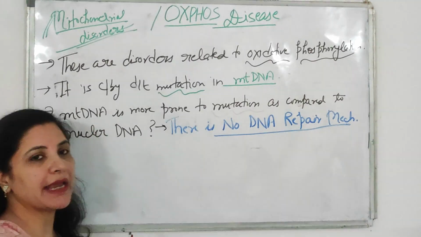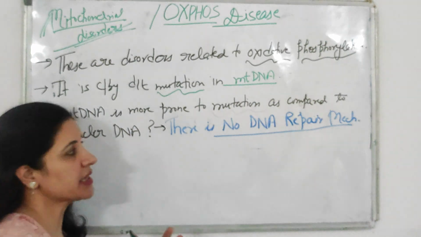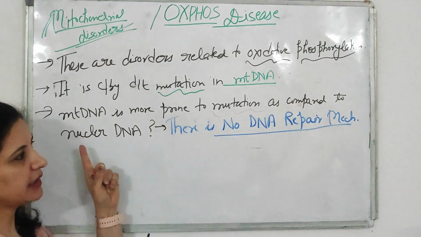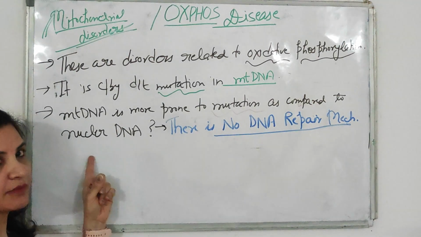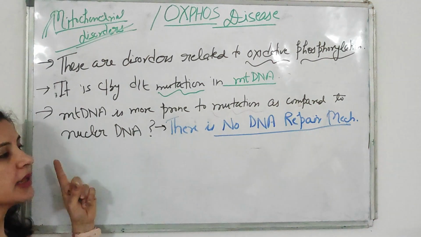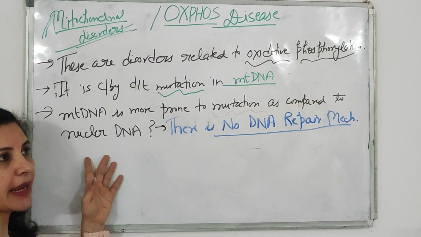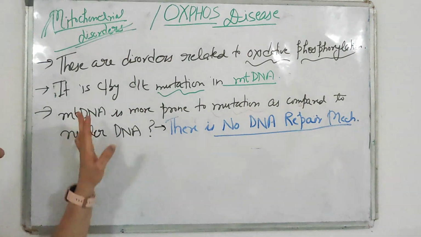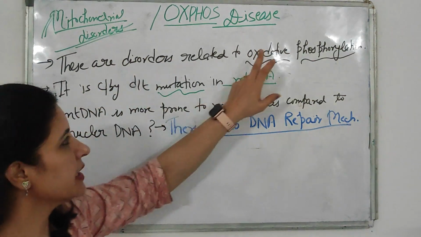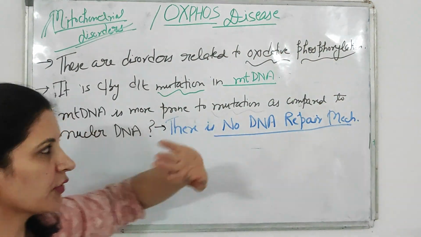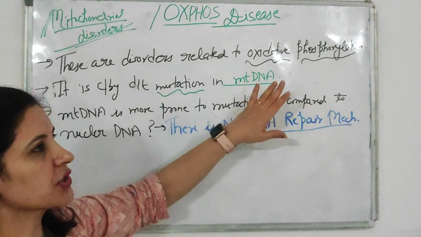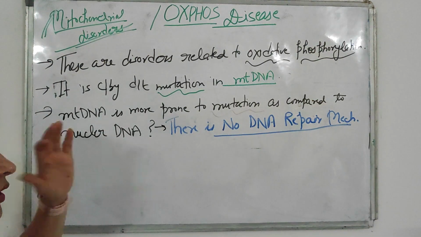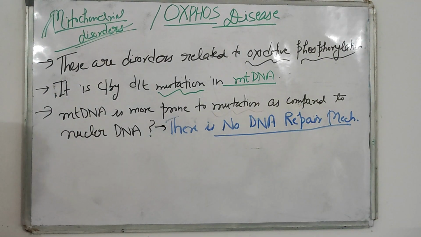That's why mitochondrial DNA is more prone to mutation as compared to nuclear DNA. This question can be asked in viva, and it is important as an MCQ also. So remember, OXPHOS diseases are related to oxidative phosphorylation, occur due to mutation in mitochondrial DNA, and mitochondrial DNA is more prone to mutation because of no DNA repair mechanism.